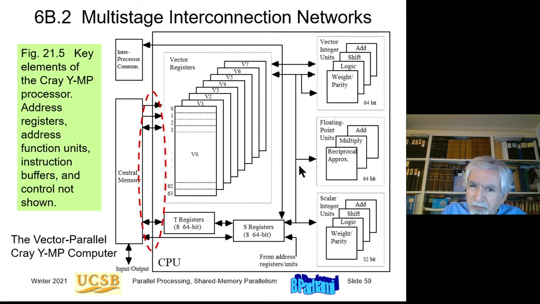Elements of a vector are sent to this pipeline, one per clock cycle, even though it takes multiple clock cycles to multiply in the pipeline. Every clock cycle, one new element of the vector can be sent to this multiply pipeline. And from the other end, the result of multiplication goes back to the vector register. This is basically called pipelining.